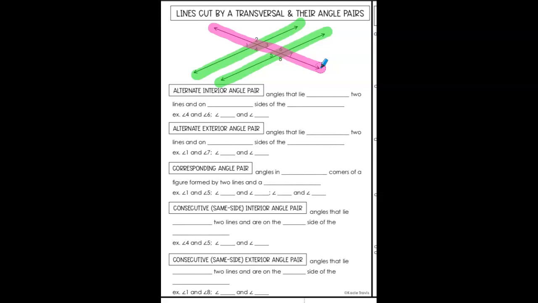Okay? Next thing that we need to talk about is alternate interior angle pairs. So these are angles that lie between two lines on opposite sides of the transversal.